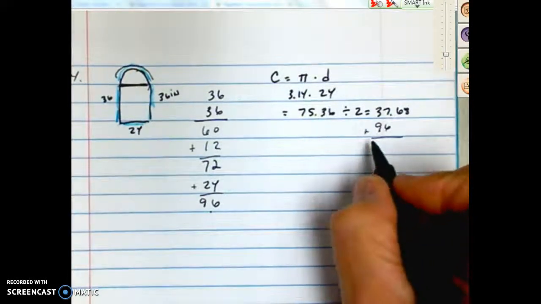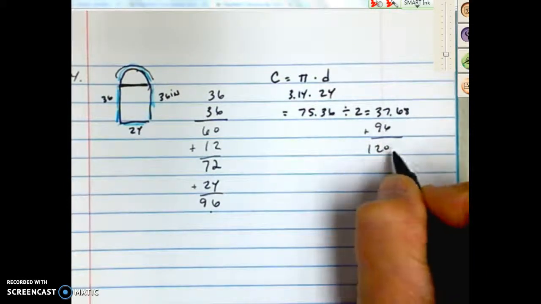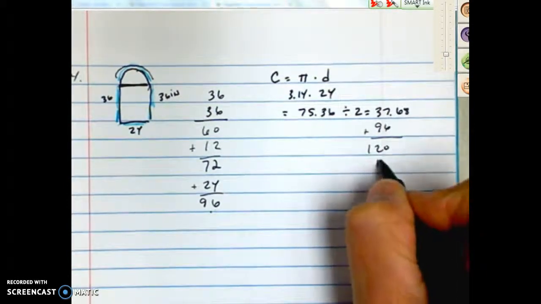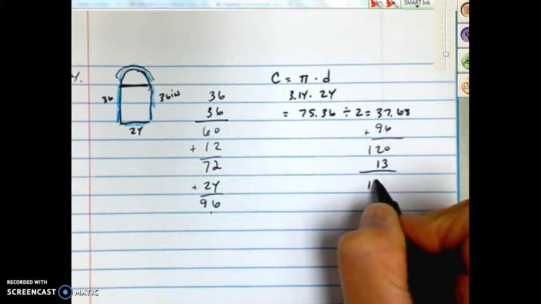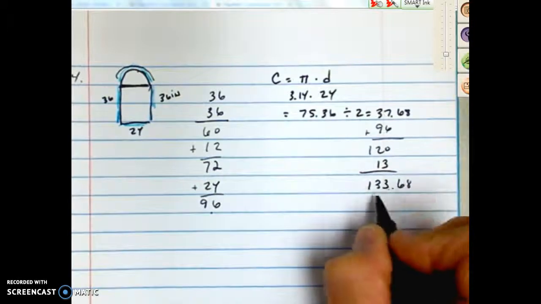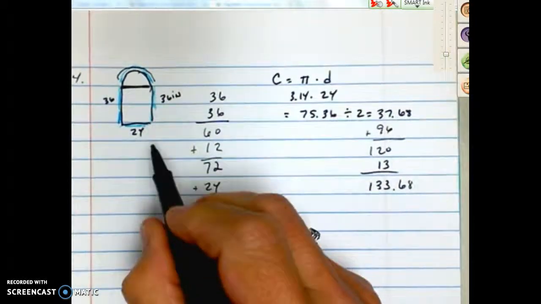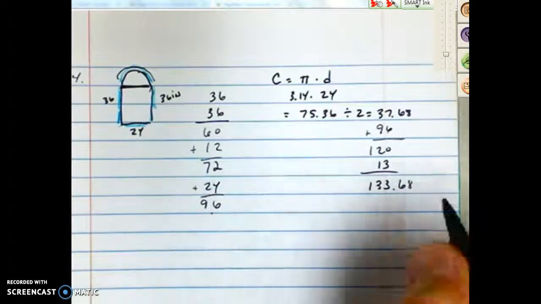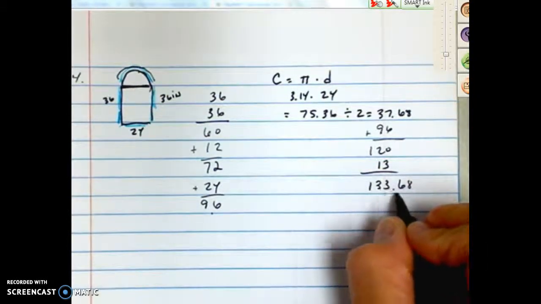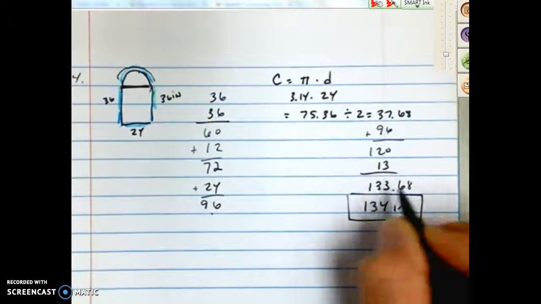That should give you, let's see, 30 plus 90 is 120, 7 plus 6 is 13, that's 133, and then plus the .68. So for an outside edge of the metal, we need about 134 inches. About 134 inches of metal.